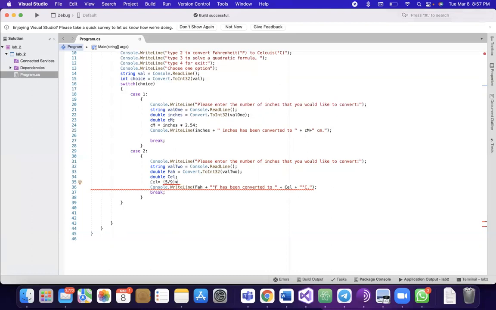Start a bracket again, value of Fahrenheit minus 32. And so we're gonna put this all in a bracket. No, it should be fine. Yeah. No, 32 should also be in a bracket. Okay. Like Fahrenheit minus 32, all in a bracket.